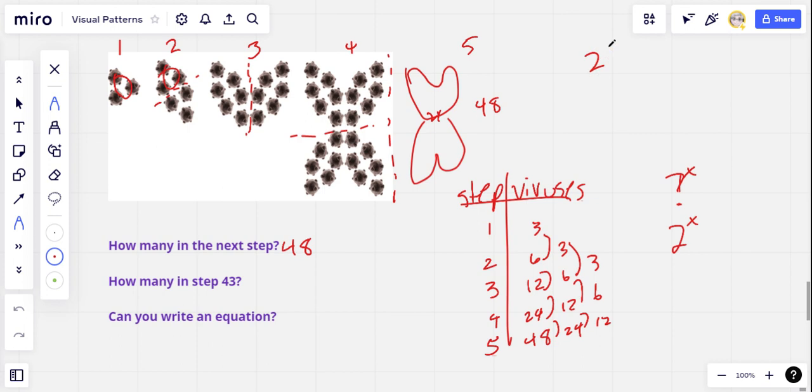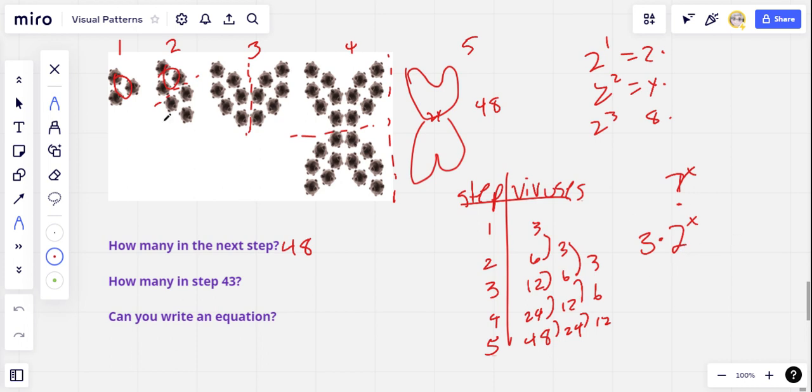So for example, 2 to the 1 is 2. 2 to the second is 4. 2 to the third is 8. And you can see those are doubling every step. So we want 2 to some power. And then to get the number here, like the 3, 6, these are all multiples of 3, we're going to multiply by that. So this is the formula we should start with.